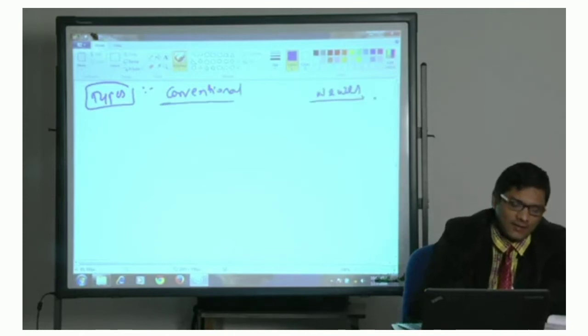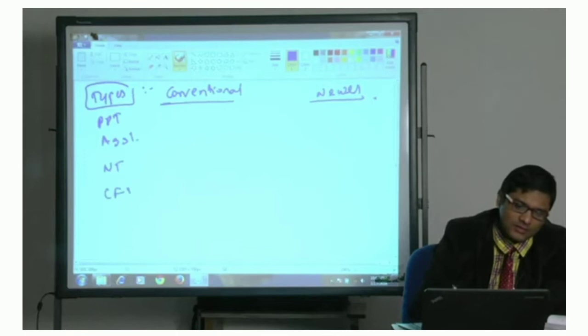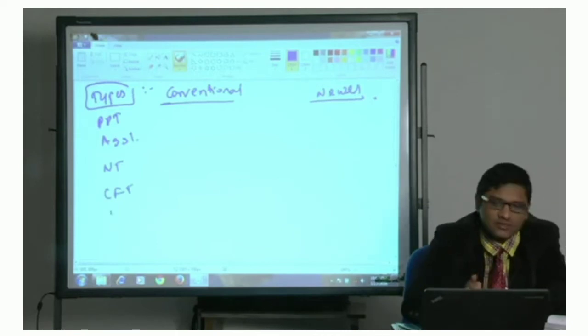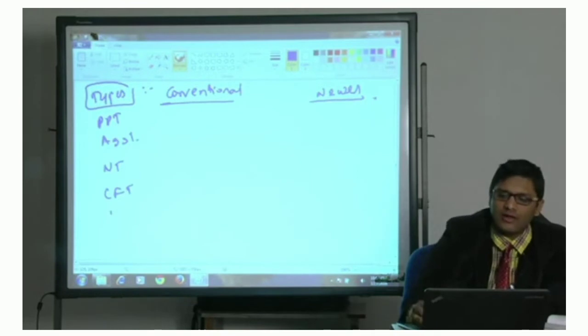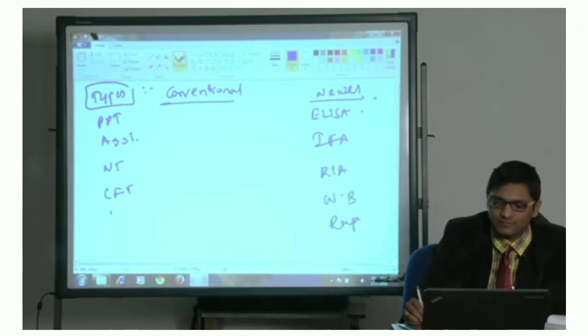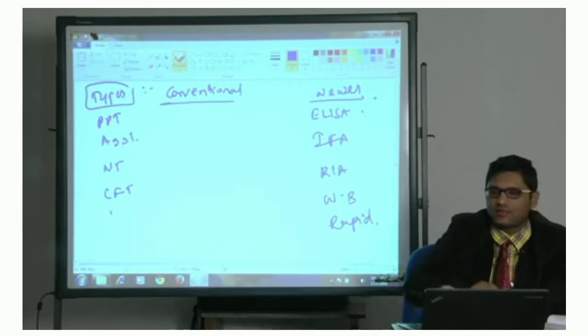Conventional reactions are precipitation, agglutination, neutralization, complement fixation. All these are traditional antigen-antibody reactions. Newer reactions are like ELISA, immunofluorescence test, radioimmunoassay, Western blot. All these are rapid tests, newer methods.